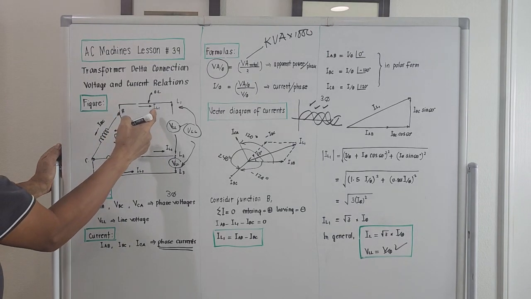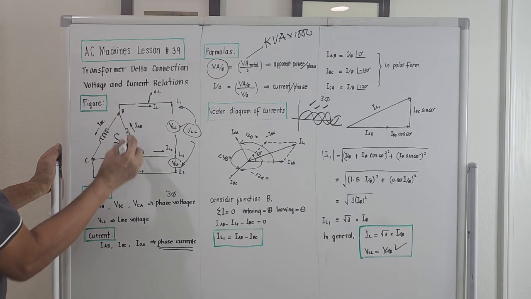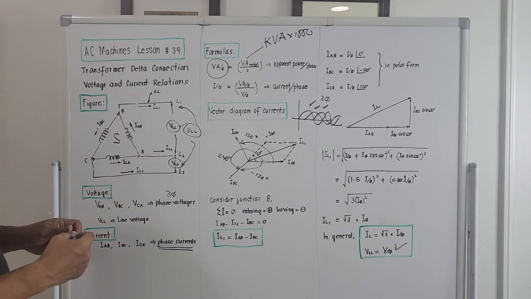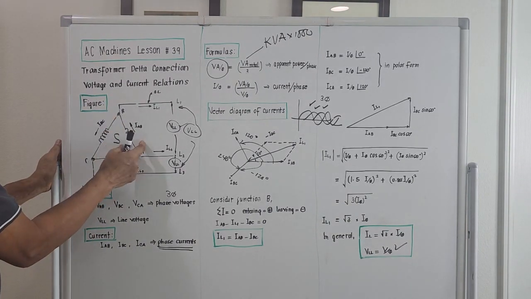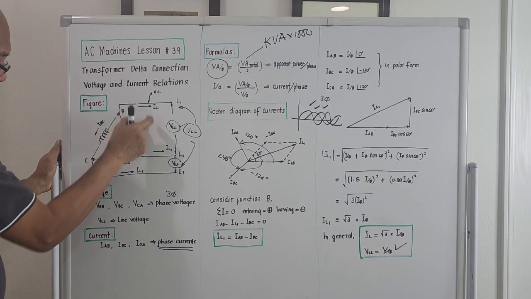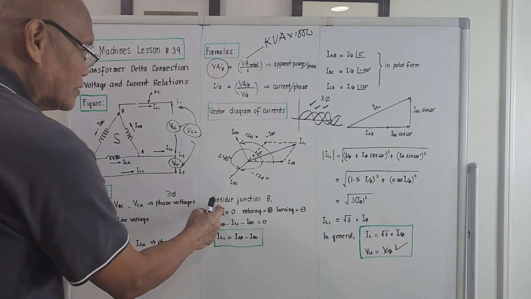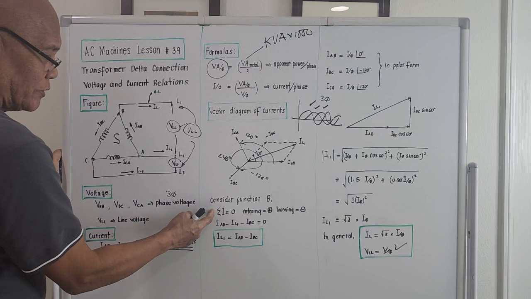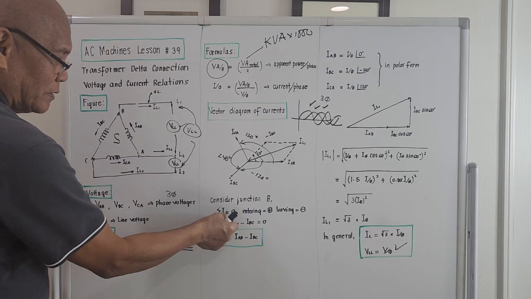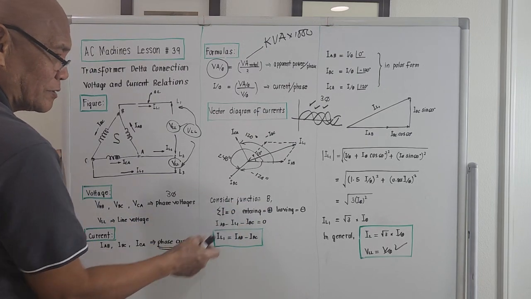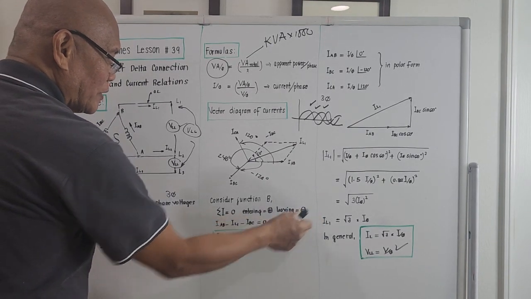To derive the relationship of the line currents with respect to the phase current, we consider junction B. Anyway, the circuit is balanced, so we don't need to consider point A and point C. We just consider point B, because whatever relationship occurs here, it will be the same with regards to point A and also with point C. So considering junction B, the summation of the currents, sigma I, should be equal to 0. The designation is this one: current entering is plus, current leaving is minus.